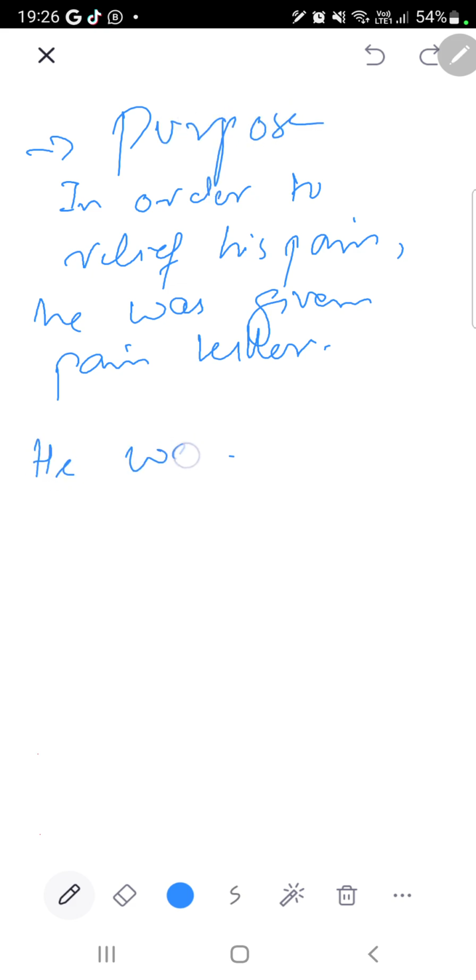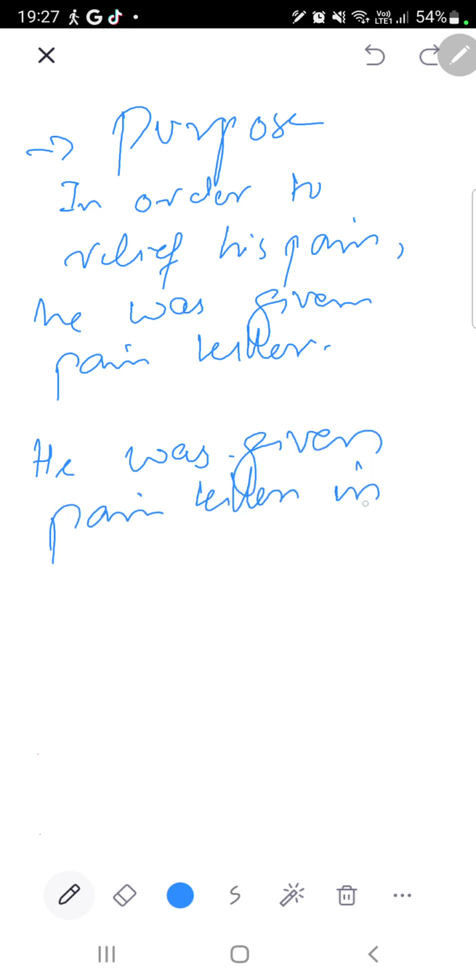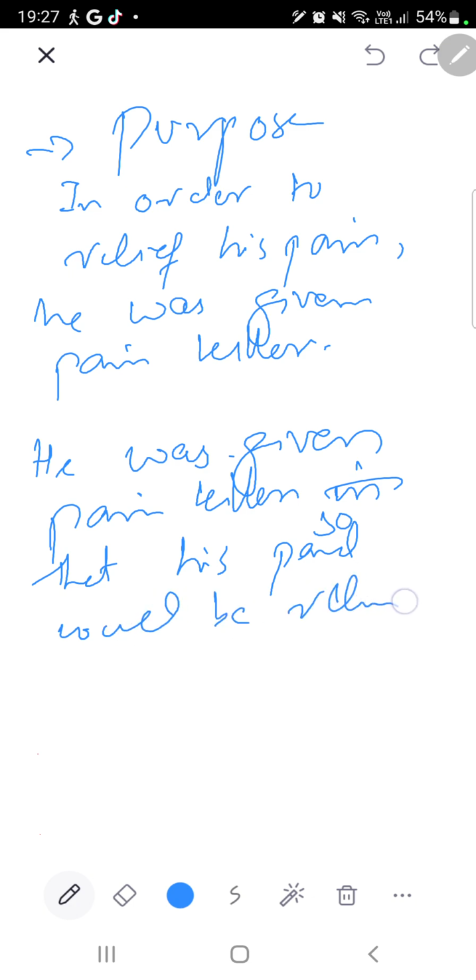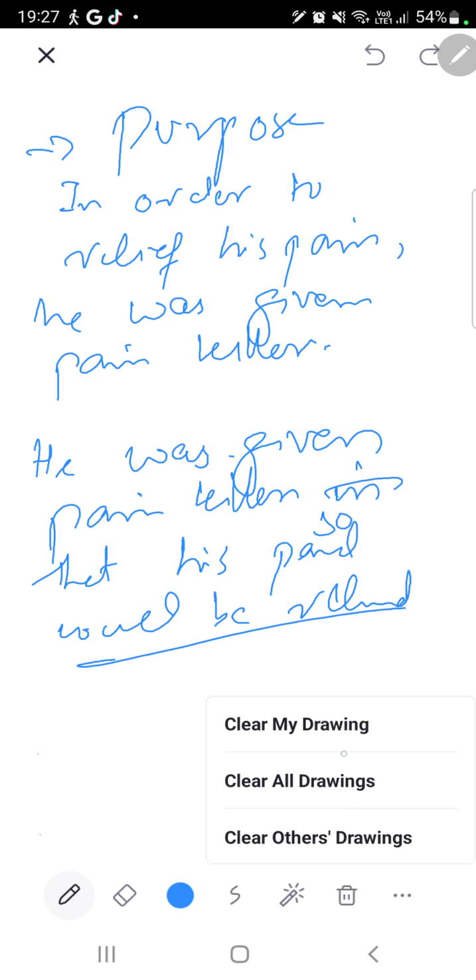Let's say he was given painkiller so that, or in order to, his pain could be relieved, right? So these are examples of purpose clause that you can use.